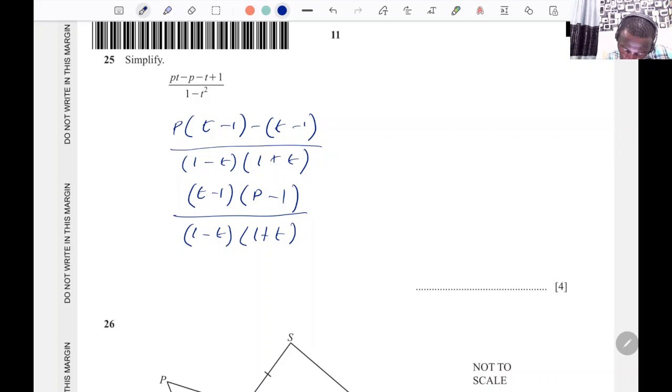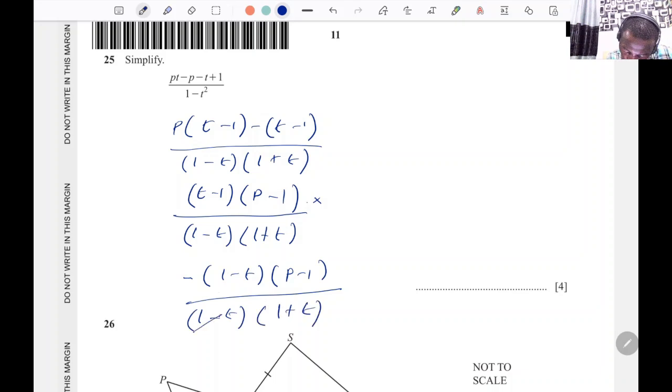Now my problem here, there's nothing common here. The only way to make this common is to reverse this thing, so multiply by minus here. When I do that, I can write the upper one here as minus in bracket 1 minus t, I have p minus 1 all over 1 minus t, I have 1 plus t.